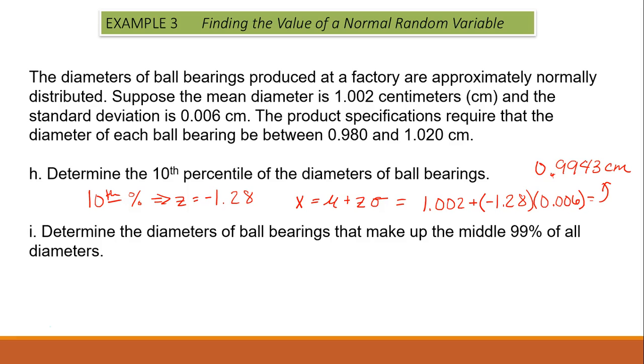Now we are asked to determine the diameters of ball bearings that make up the middle 99% of all diameters.